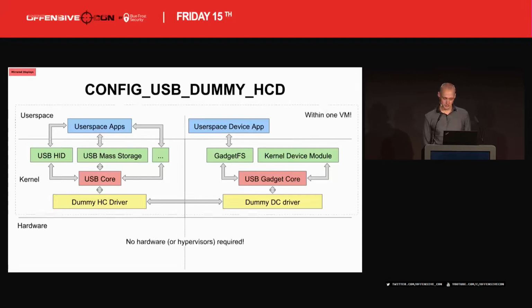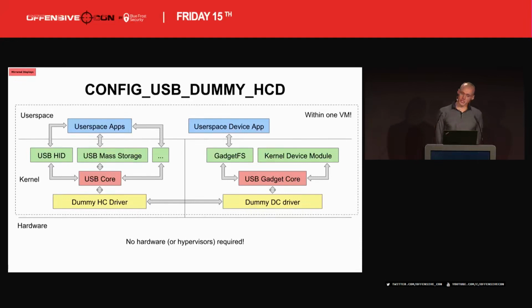So at this point, this all happens within one VM or within the same device, and you don't need any hardware. You can write a user space app that, through GadgetFS or through something else, would emulate a USB device. And via the dummy drivers, it would just be connected back to the same kernel. So you're connecting USB devices from the user space to the kernel this user space is running on.